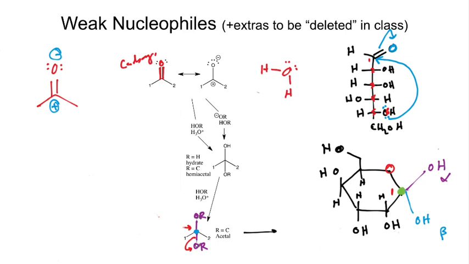Going from the hemiacetal to the acetal only runs under acidic conditions. Why not? For the exact same reason we had problems down here. We run into steric issues if we try to run under base conditions. Under acid conditions, we generate good leaving groups. The leaving groups leave. We have stable carbocations. That's what facilitates the rest of that reaction.